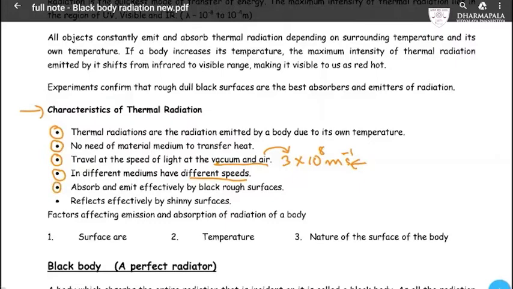That you should also know, all the thermal radiation will be absorbed by black rough surfaces more than by shiny surfaces. Shiny surfaces will reflect thermal radiation rather than absorbing it. So reflected effectively by shiny surfaces.